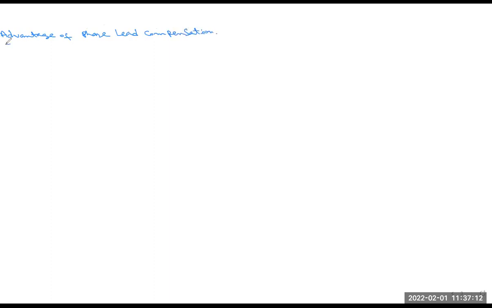Sometimes it is also called the network. That is, phase lead network circuit or phase lead compensation network circuit are basically the same. So why do you have to use this lead compensation circuit?